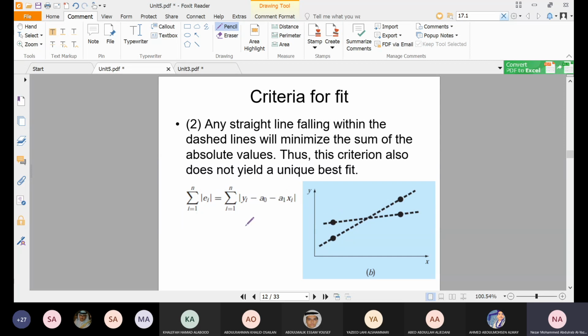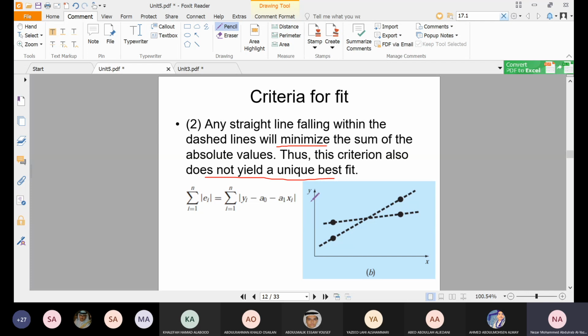The second criterion: any straight line that falls within the dashed lines will minimize the sum of the absolute values. So any straight line within this dash will minimize the sum of the absolute values. As a result, we do not have a unique solution or a best solution here.